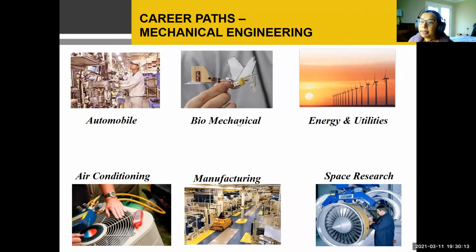And then biomechanical, this is the use of mechanical engineering combined with biology. It allows us to create things like prosthetics, even robotic exoskeletons, enabling us to help people with injury or any struggles they're facing, basically.